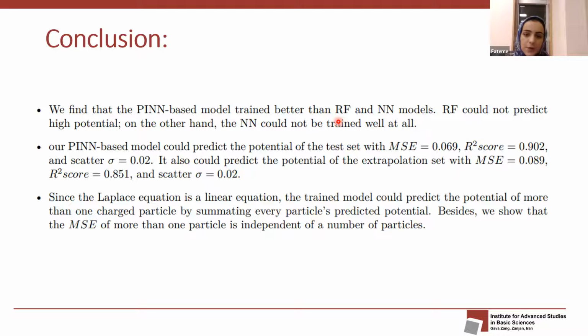For hyperparameter tuning, we only have n_estimators as our hyperparameter. It was just this hyperparameter. And if I'm not mistaken, the number of trees was 100.